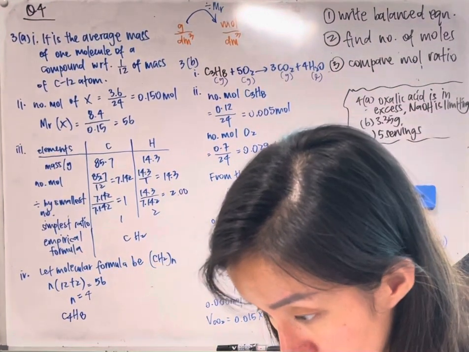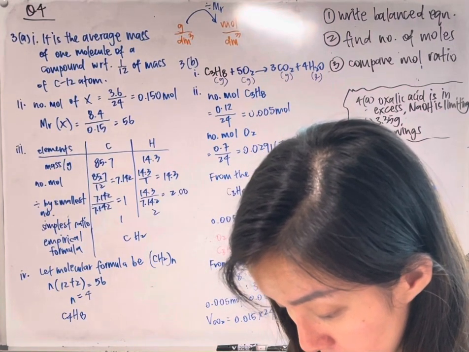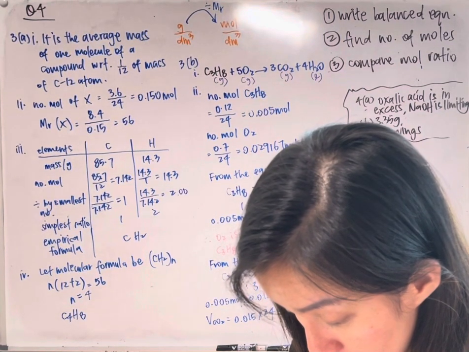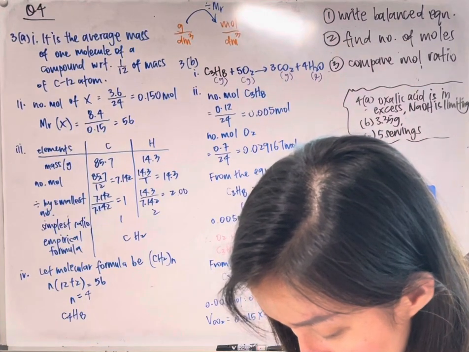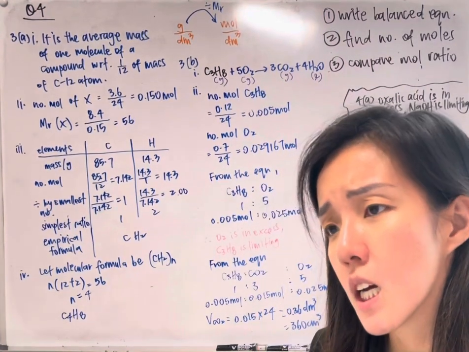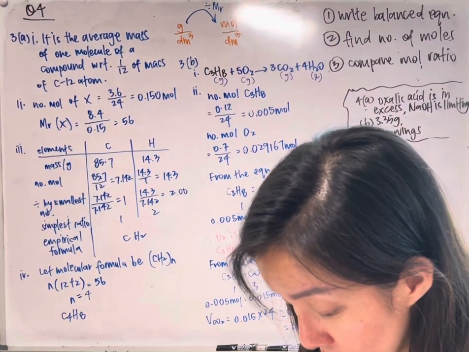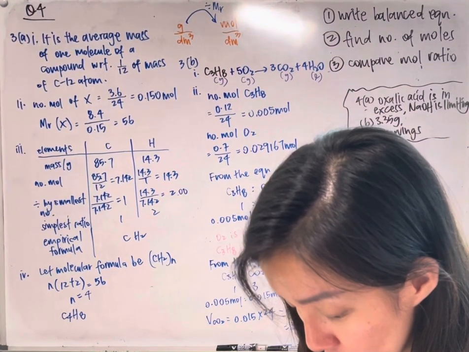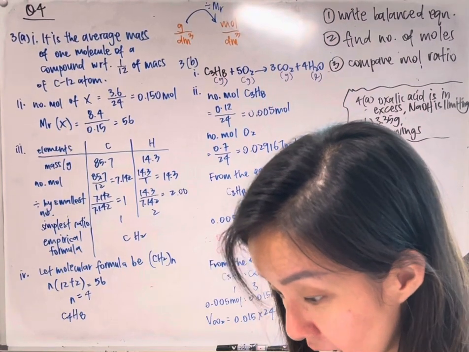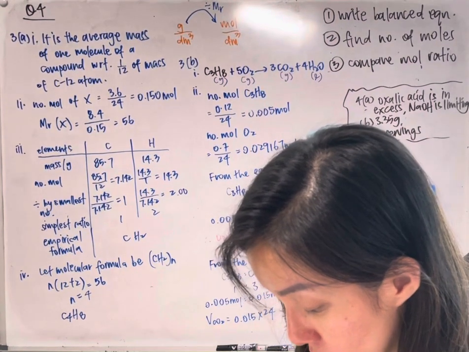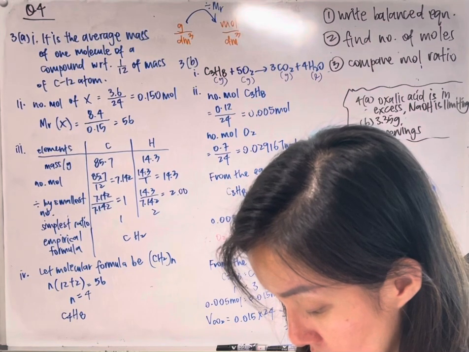Let's see. See, one serving. You have 0.0099 grams of oxalic acid.